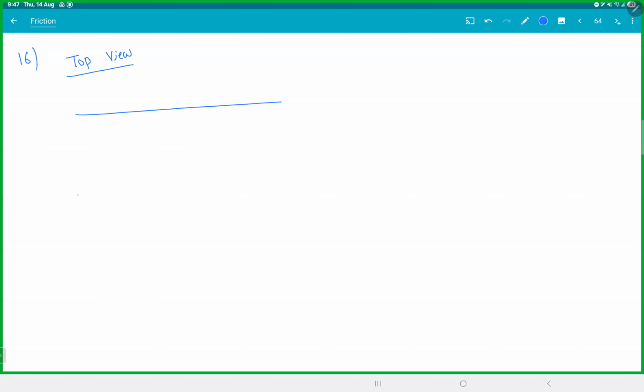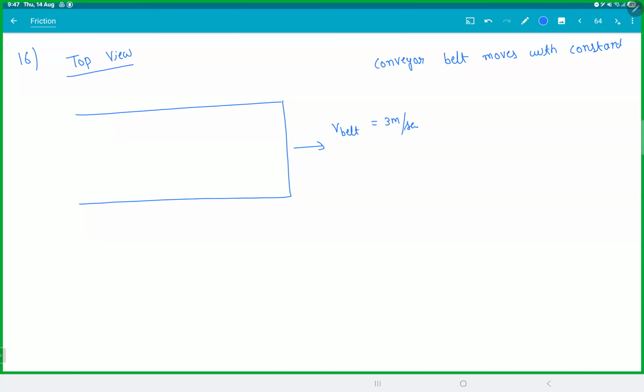We have a conveyor belt going with a constant speed, 3 meters per second. You're seeing this from the top view, drone view. It is rough, so mu is 0.5.